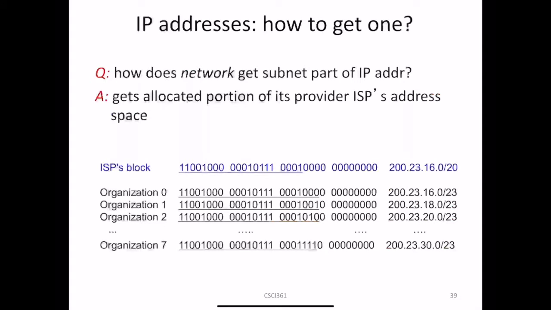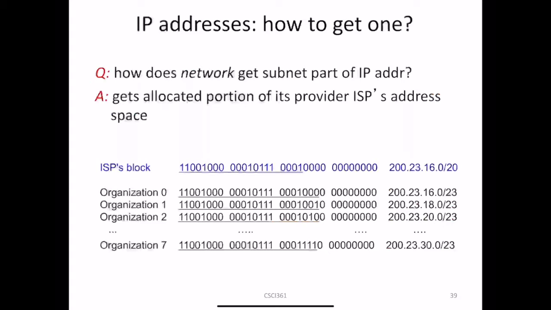So here we have a question. Probably you will ask, how does the network get the subnet part of the IP address? The answer is it gets an allocated portion of its internet service provider's address space.